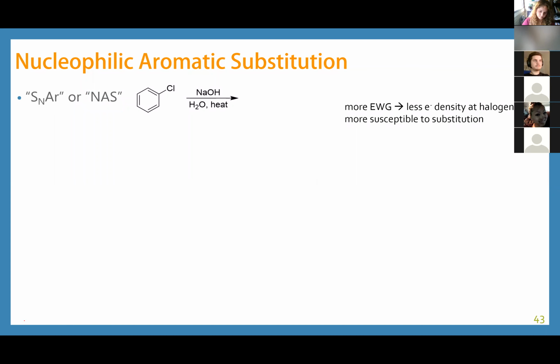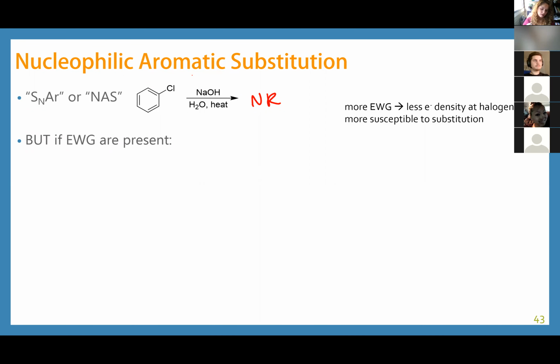So nucleophilic aromatic substitution is a little more complex than we would want it to be. What we would want is to have a halogen on a benzene, react it with something nucleophilic, and just trade out the chlorine. But it doesn't work that easily. In a situation like this, no reaction would occur.